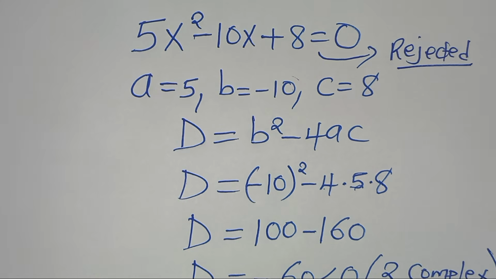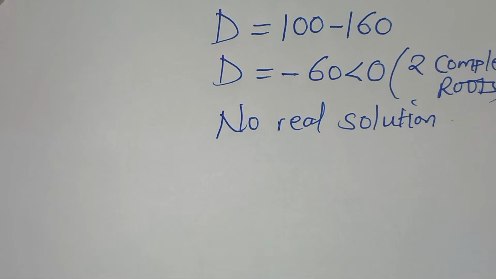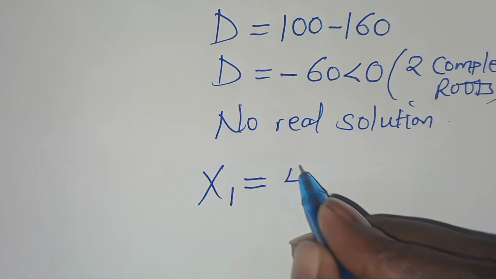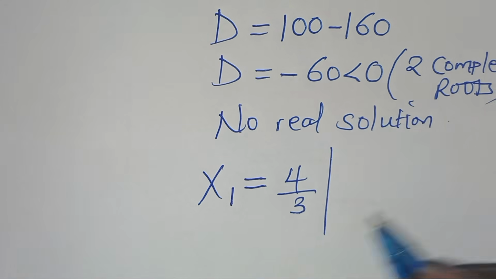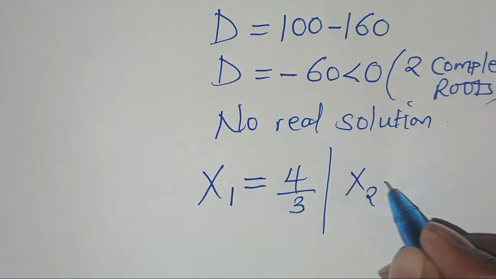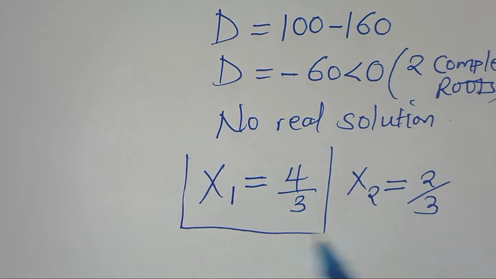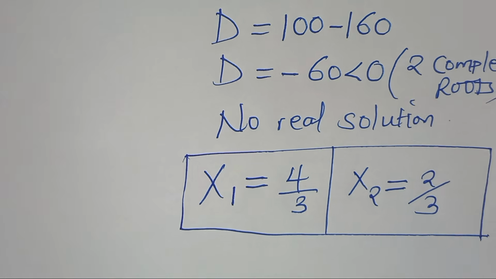And this means that we have got 2 values of x. We have x1, which is equal to 4 over 3. And we have x2, which is equal to 2 over 3. So these are the solutions to this algebra problem.